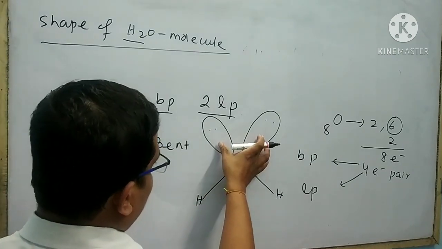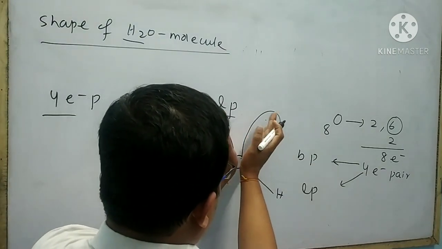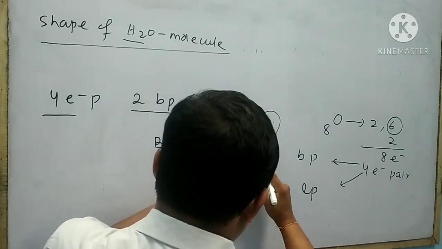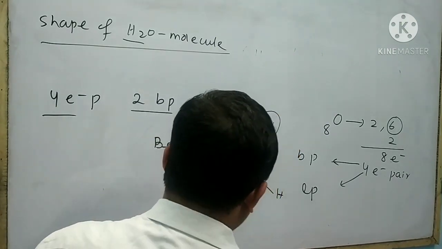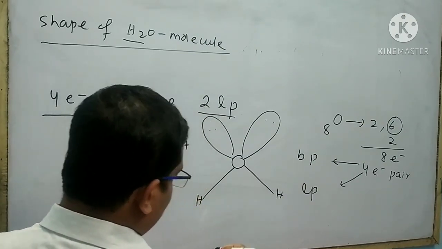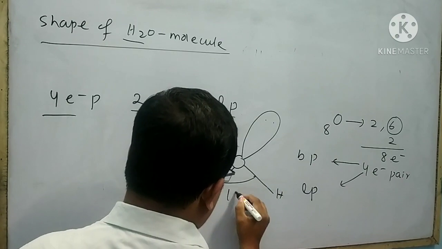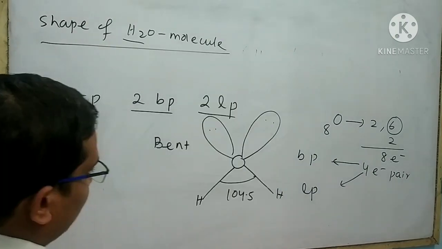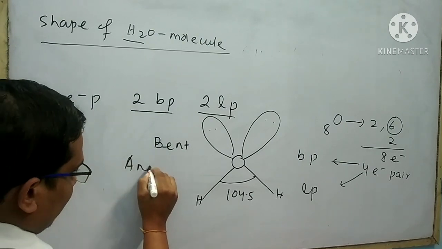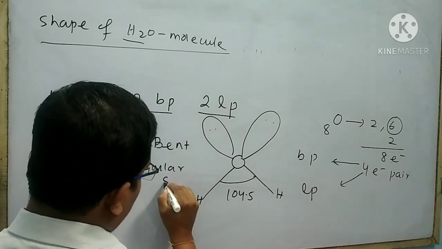Due to maximum repulsion, these lone pairs go away from each other. That's why these bond pairs come closer to each other. And the bond angle is 104.5 degree. The bend shape is also called angular shape.